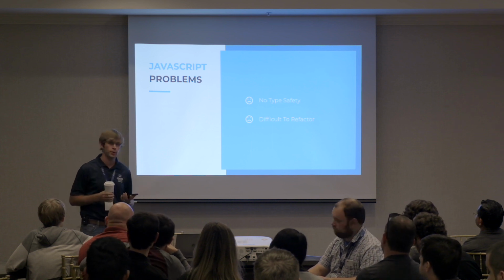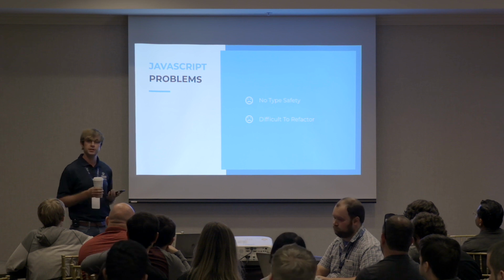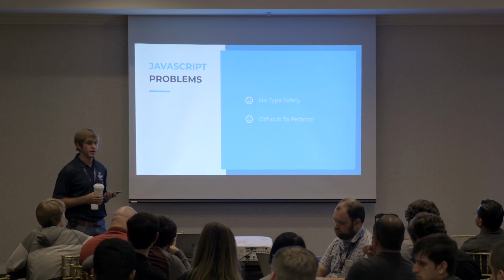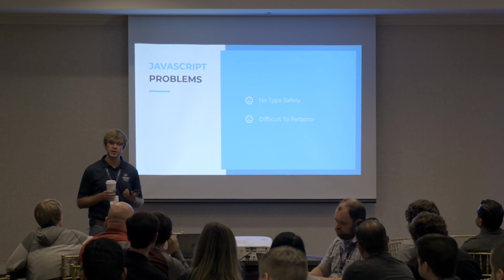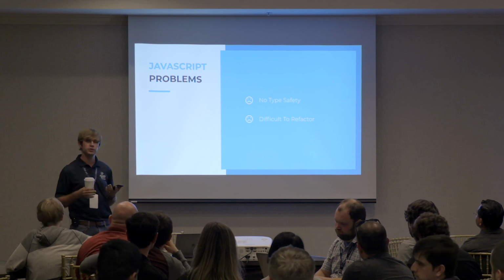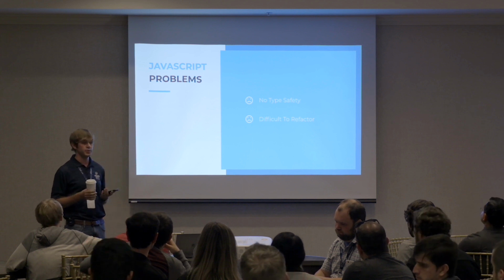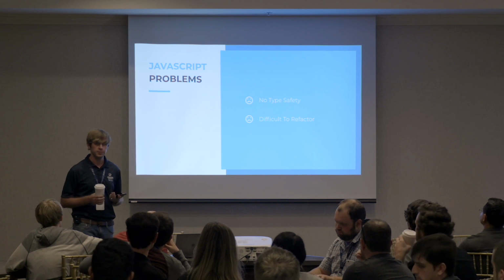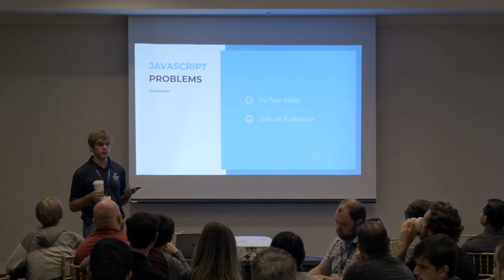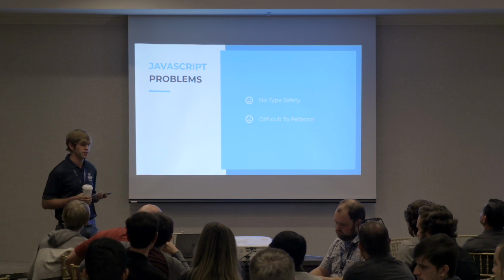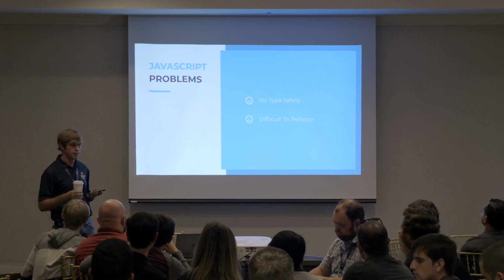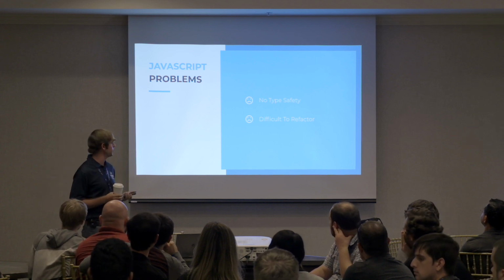Eventually it just snowballs and snowballs, and you have to live in a constant state of paranoia. As it mentions here too, it's very difficult to refactor. VS Code and other tools can try to refactor, but since it's not strongly typed, it's very difficult to make changes. Even if you want to rename a variable or see usages, it'll try its best, but it's not a strongly typed language.